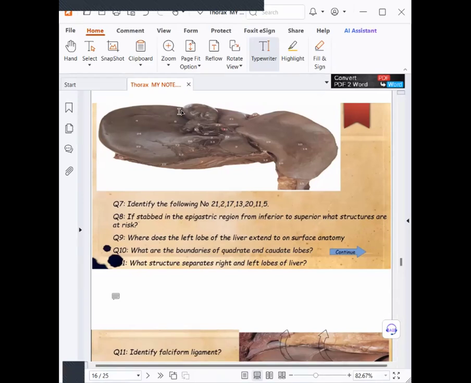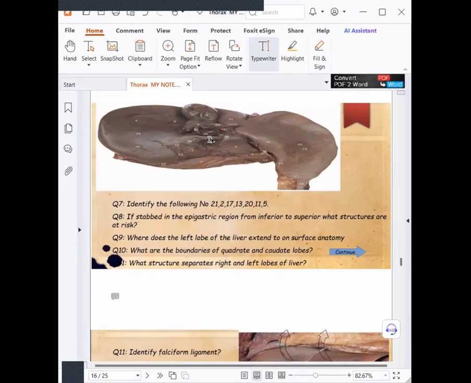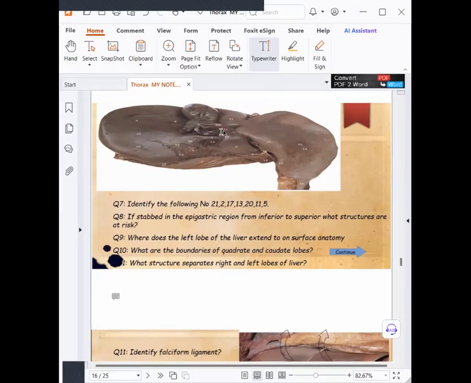And number 13 is the inferior vena cava. Number 20 is the portal vein. Number 11 is the hepatic artery, and number 5 is the common hepatic duct.